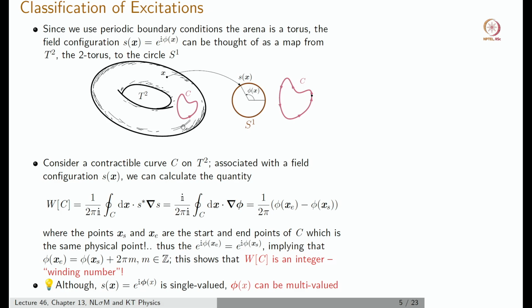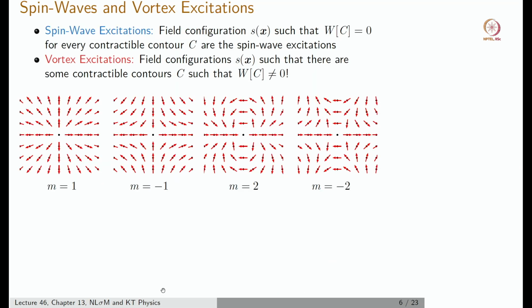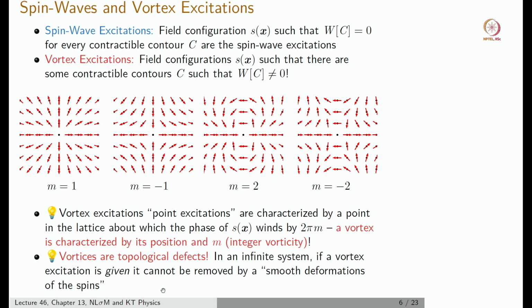Both of them will give you a contour integral of 0. So here the contour integral has to be 0 because there are no vortices inside. And because it's also the boundary of the outside, it means that the sum of the vorticity in the other region has to sum to 0. Otherwise you would have got a winding number. So that is what is telling you that the sum total of vortices on a torus has to vanish.